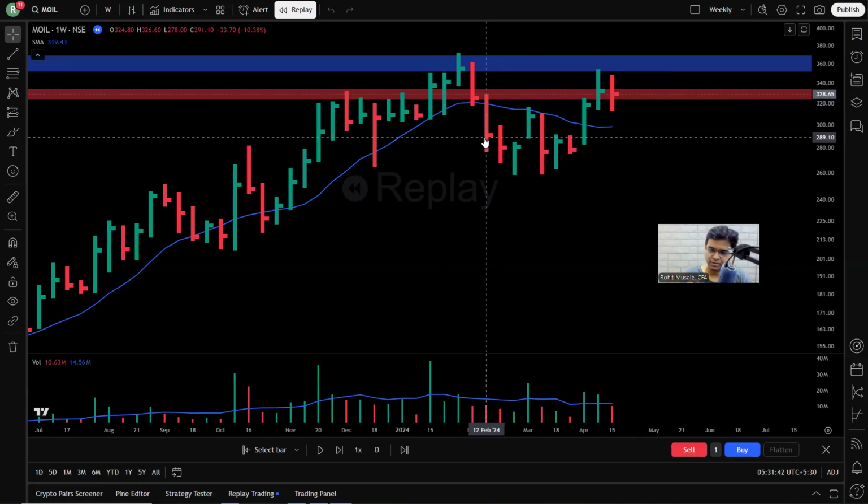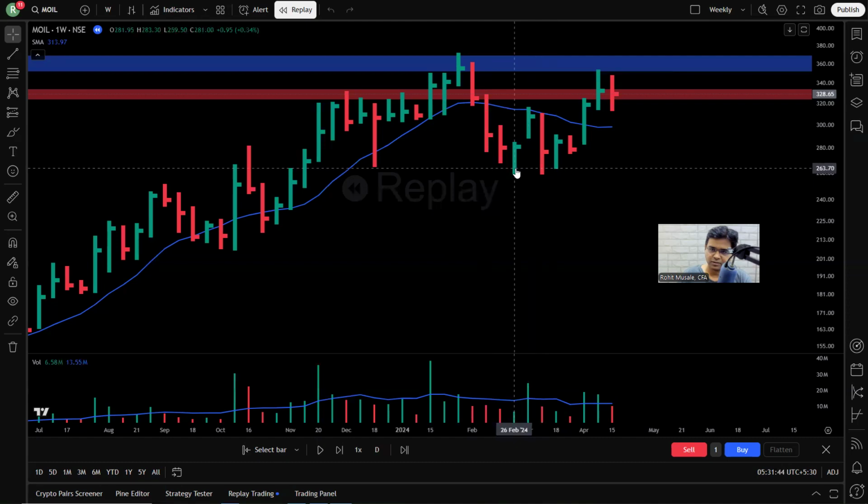That's called red color. Green color means in that week, the stock has closed above the close of the previous week. So the color is dependent on up closing and down closing relative to the previous week. And the color of the price bar and the volume bar always matches.